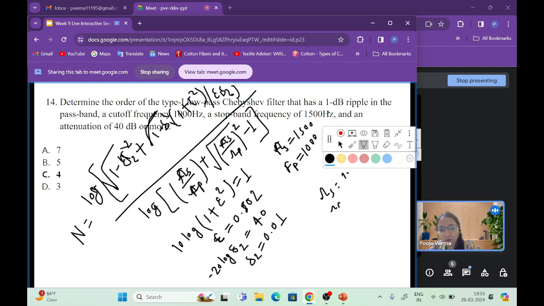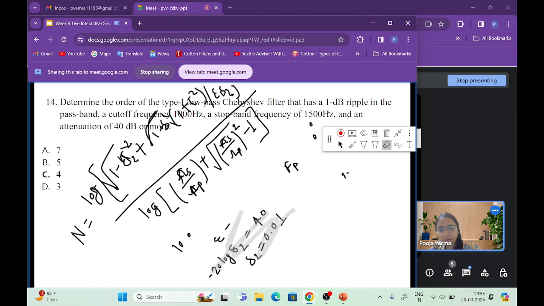Okay. So now all these values we need to put in this equation. So I am removing this from here. So just remember all these values.